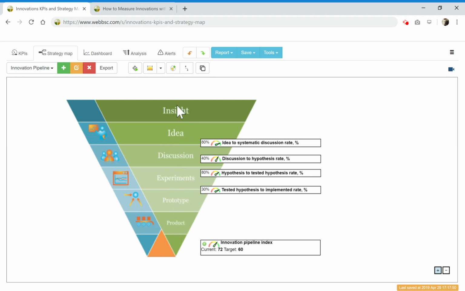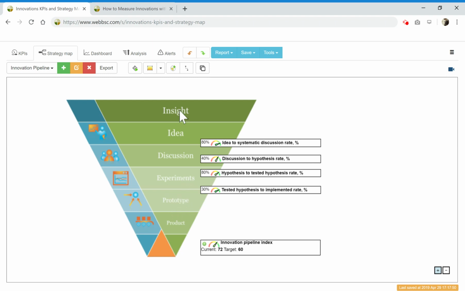So if you can move from idea to a prototype in 1 week, then you have a very good innovative environment. If most of the ideas that your team generates are converted into a meaningful discussion, into experiments, later prototypes, then you have a very good innovative environment. Respectively, if it takes several years to get from insight to prototype, then you're in danger.